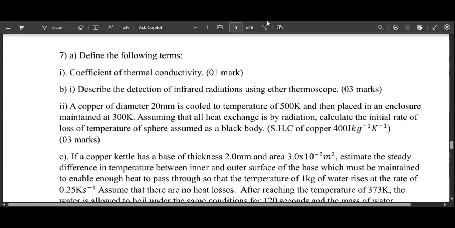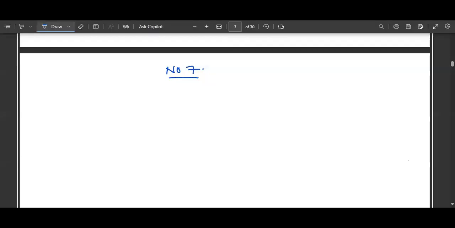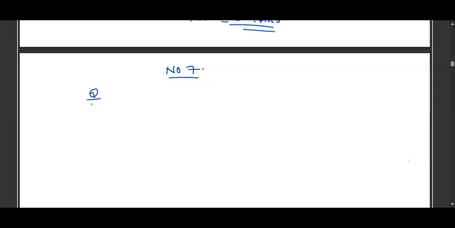Now, from our formula, Q over T, that is rate of heat transfer, is given by K, A, change in temperature, divided by L. If you make K the subject, K is going to equal Q over T, all of it divided by A delta theta divided by L. Now, Q over T is the rate of heat transfer.